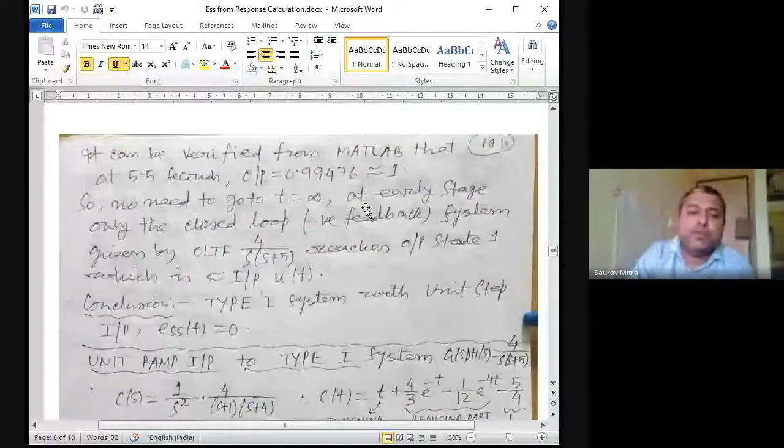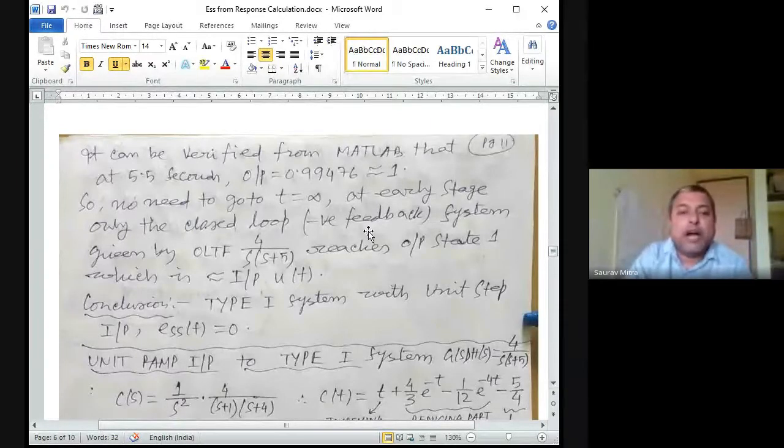So no need to go up to infinity. That means at t is equal to 6 seconds, 7 seconds, you'll be finding that the output is actually touching the input, provided the system is with negative feedback. So given by OLTF 4 by s into s plus 5, whatever this OLTF system is generating, the closed loop system with feedback, that closed loop system response will reach amplitude 1 at almost t is equal to 6 seconds.